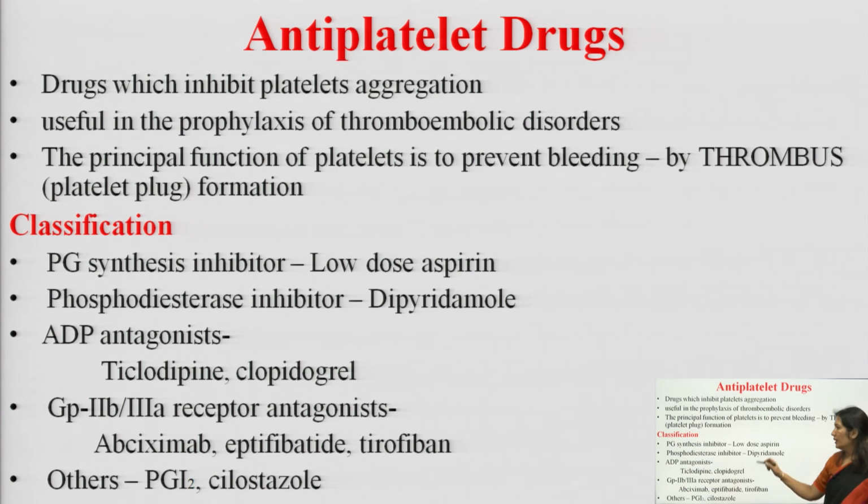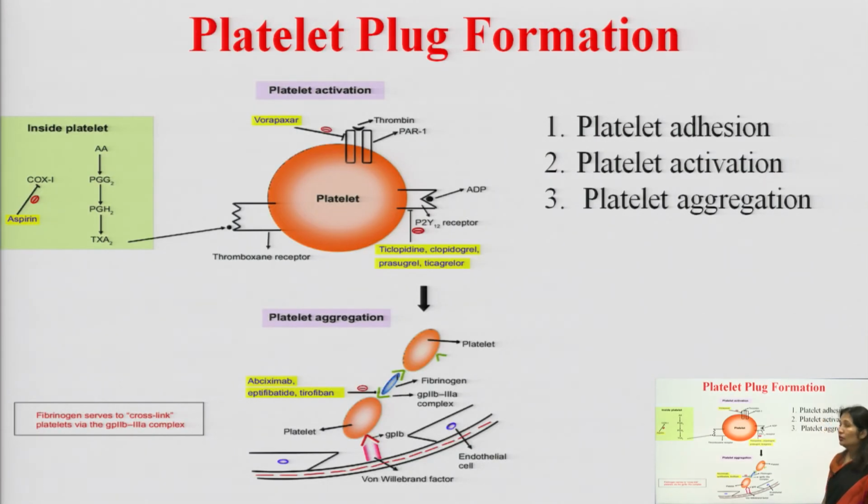Classification: prostaglandin synthase inhibitors, low dose aspirin; phosphodiesterase inhibitor, dipyridamole; ADP antagonists, ticlopidine, clopidogrel; GP2B3A receptor antagonists, abciximab, eptifibatide, tirofiban; others, prostacyclin, etc. Through this diagram we can understand the mechanism of all antiplatelet drugs.